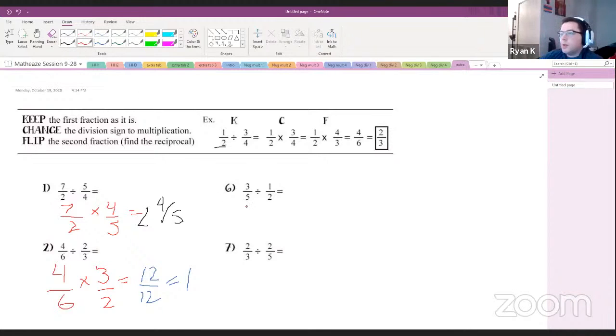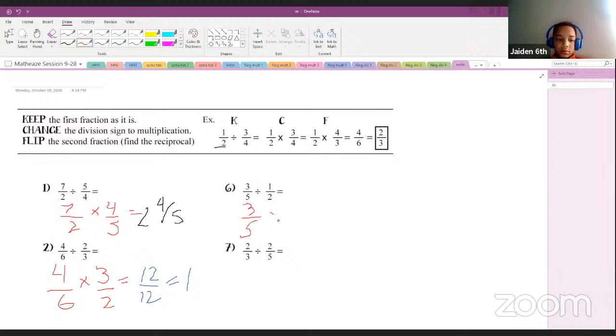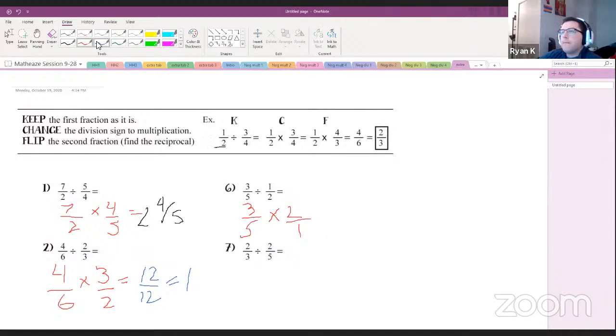All right, let's just jump to this one since it's here. Got 3/5. Changing that to a multiplication sign. And we're gonna flip this second one here. Looking at the top, we've got 3 times 2. It's gonna give us 6. The bottom, we've got 5 times 1.